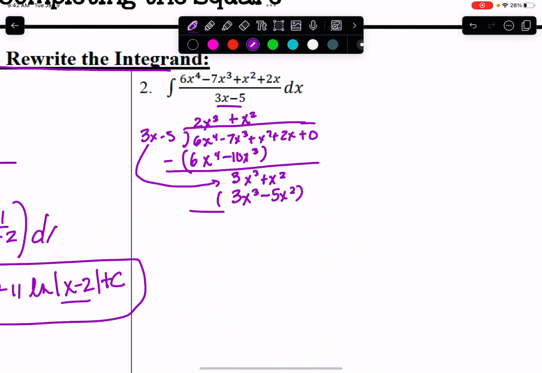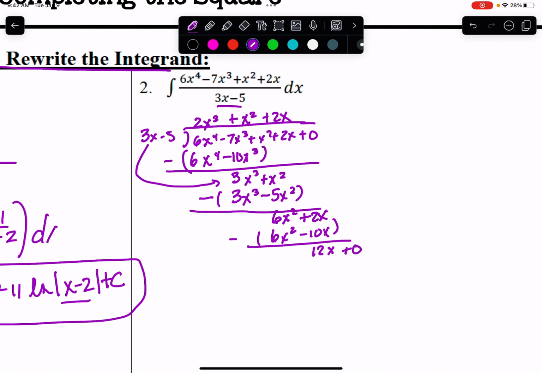All right, so subtracting that out, I get x squared minus a -5x squared, so that gives me a positive 6x squared. Bring down my 2x. So now what times 3x gives me 6x squared, so that would be plus 2x. And so that's 6x squared minus 10x, which gives me 2x minus -10x, a positive 12x, and then plus 0.